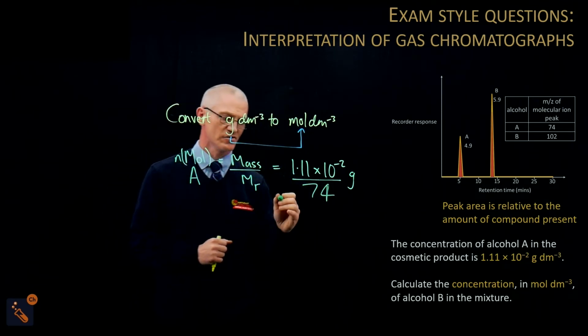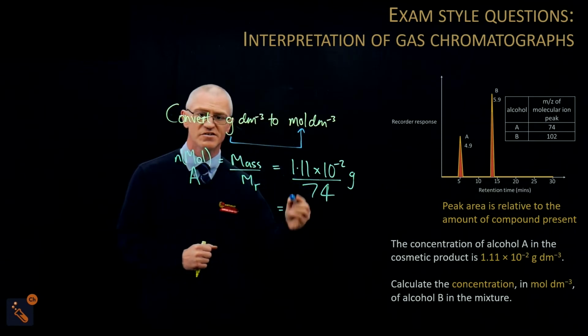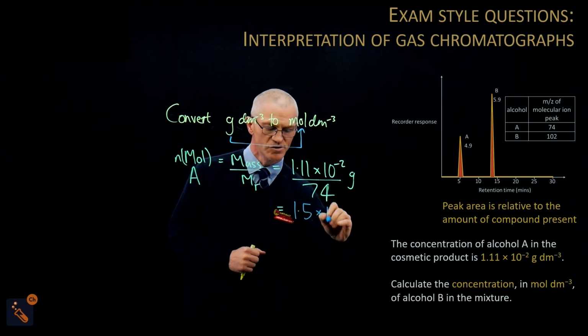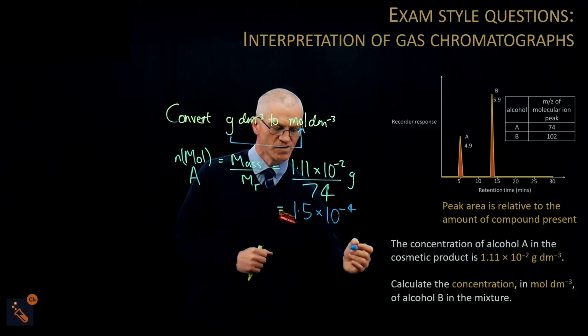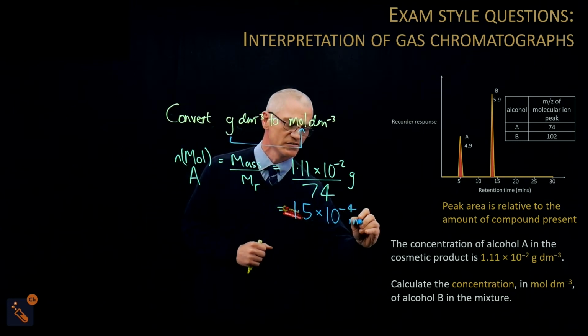If that is the case, let's write that out. We find that that is 1.5 times 10 to the minus 4. So we've basically converted that into moles.